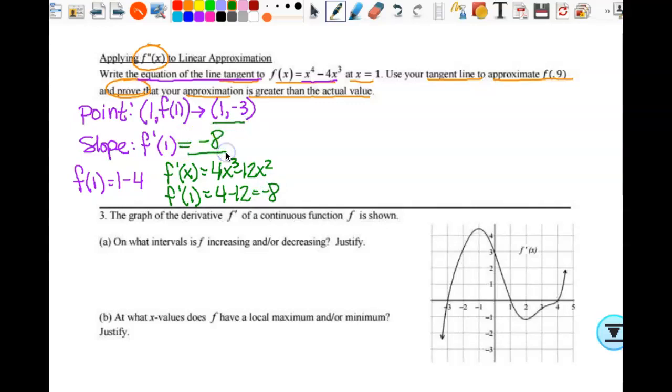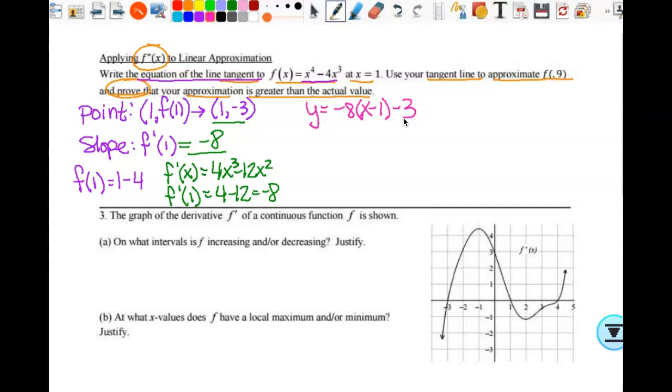So here are my two pieces. Everybody good with that? Okay. We've been doing this a few times, so this isn't a brand new thing. So now my tangent line: y equals negative 8 times x minus 1, minus 3. Okay, so we wrote the equation.